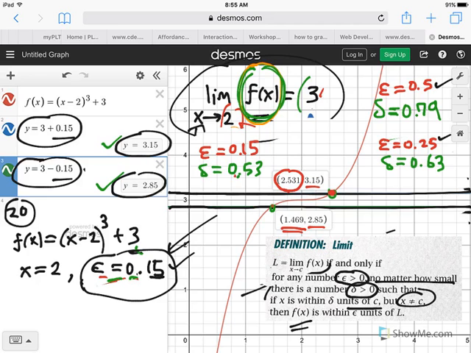And look at, once again, the definition of limit. This limit, what does that mean?